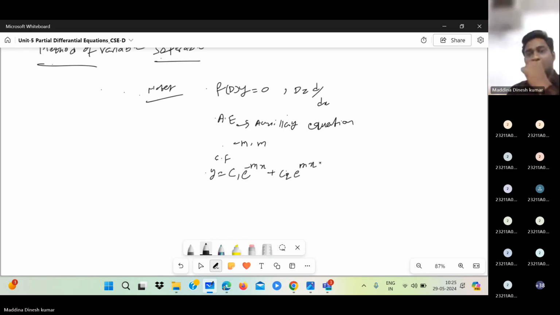Okay, suppose if the roots are like this, two distinct and real roots minus m comma m, then its complementary solution will be y equal to c1 e to the power of minus mx plus c2 e to the power of mx. So remember this.